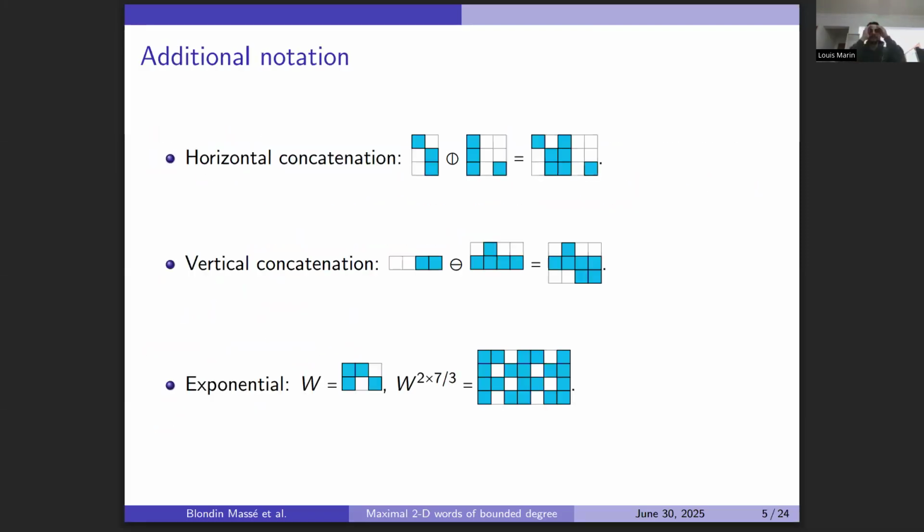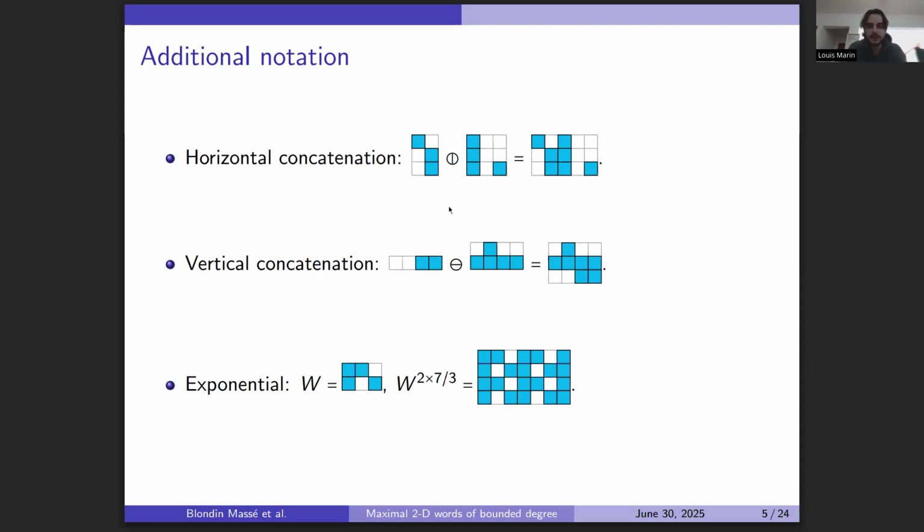All right, so for two-dimensional words, we have two basic operations, which are horizontal concatenation and vertical concatenation.